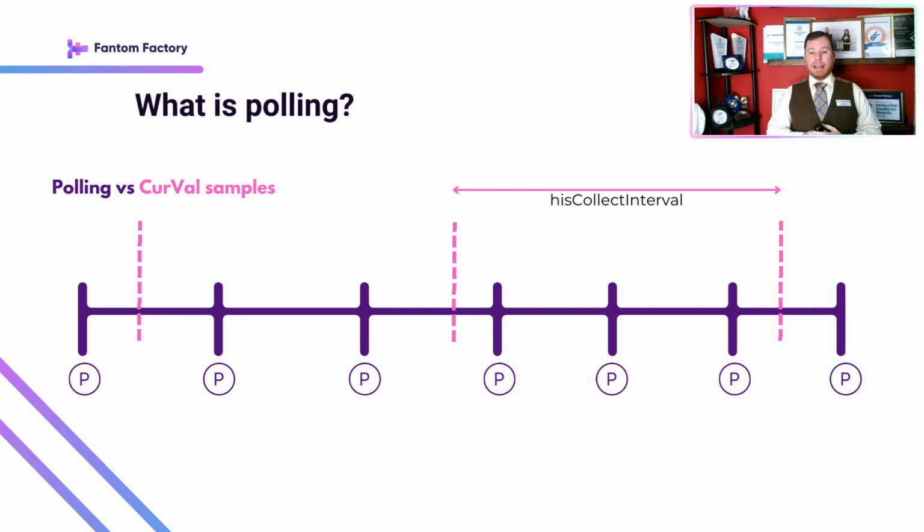Independently to that, it also monitors the hisCollectInterval, and when that time elapses, whatever the current value happens to be at that time, SkySpark will then use that value and store it into the Folio database.